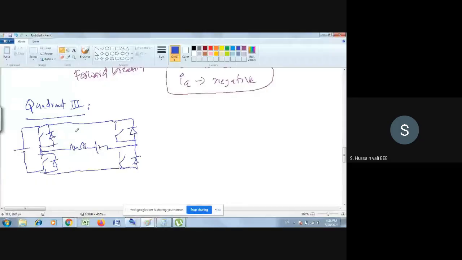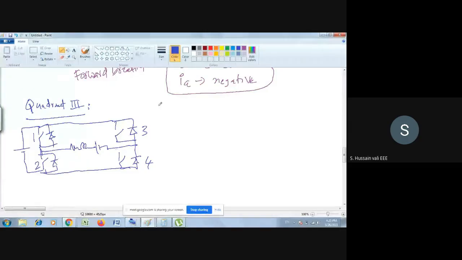So switches 1, 2, 3, 4, everything. Okay, this is the chopper. Now in quadrant 3, we'll turn on S3 and S2.